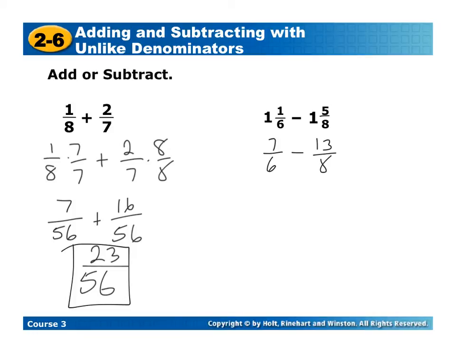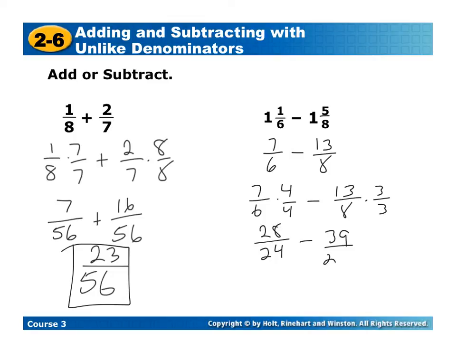Now I want to ask, what can 6 and 8 both multiply into, or are both factors of? I know they both go into 24, so I'm going to take 7/6 and multiply it by 4/4 because 6 times 4 is 24. Then I'm going to take 13/8 and multiply it by 3/3. 7 times 4 is 28, so we have 28/24, minus 13 times 3, which is 39/24.